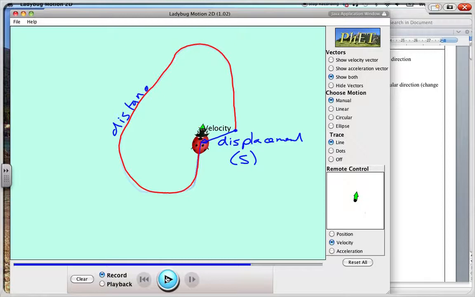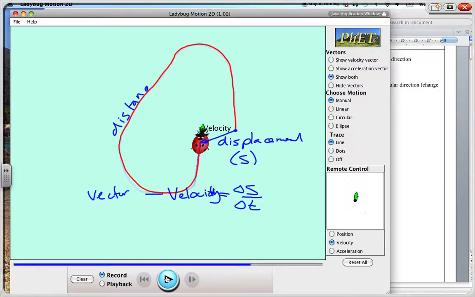Now, when we look at the time, when you divide this by the time that it took, when I take S divided by T, the change in displacement over the change in time, I get velocity. And velocity is also a vector.